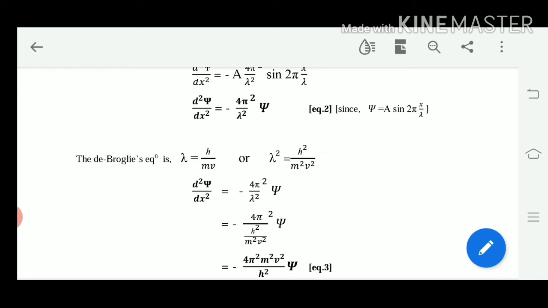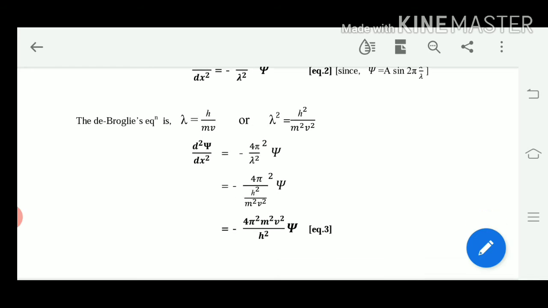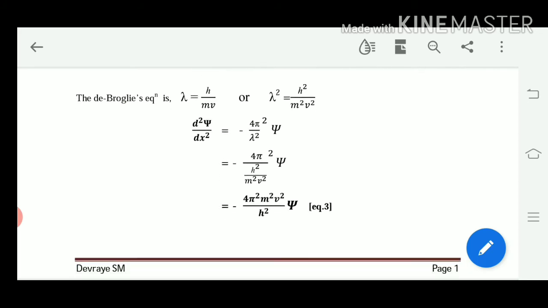Putting the value of lambda square in the above equation, dou square psi by dou x square is equal to minus 4 pi square by lambda square into psi, which becomes minus 4 pi square by h square by m square v square into psi. By rearranging, we get minus 4 pi square m square v square by h square into psi. This is equation number 3.